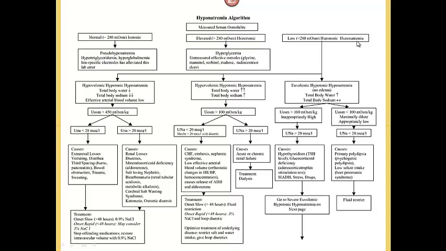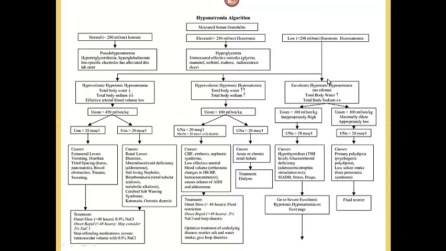First, you need to know your osmolality. And remember, the normal values of osmolality are 280 to 290 or 280 to 300, depending on the book that you're reading. If your osmolality is low, that means it is less than 280.